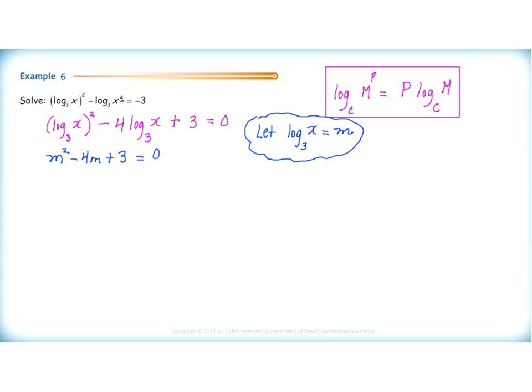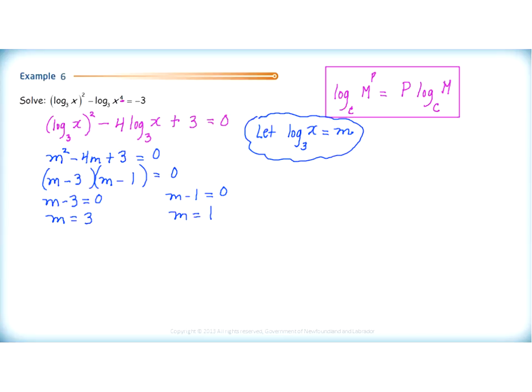That's a form that is recognizable to us in which we can factor. The factors of a positive 3 that have a sum of a negative 4 would be m minus 3 multiplied by m minus 1 equals 0. So we have m minus 3 equals 0 when m is equal to 3, and we have m minus 1 equals 0 where m is equal to 1.